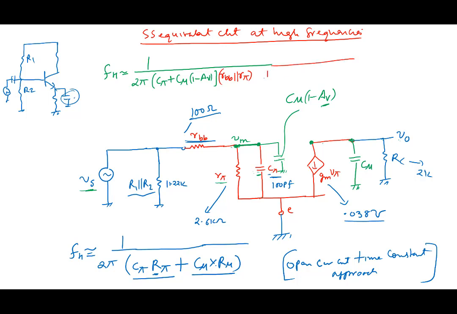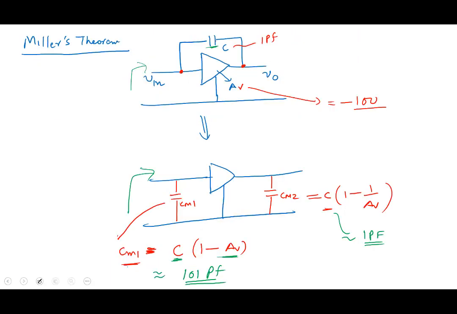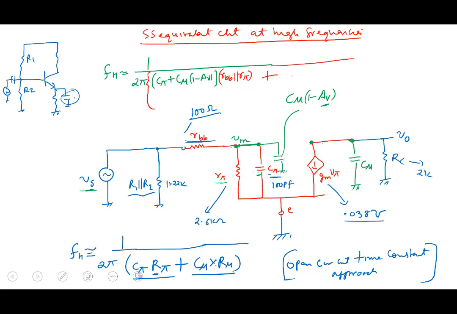The next one is this C mu, which sees simply C mu times RC. That becomes my 3 dB cutoff frequency. The second term is nothing but this part here.